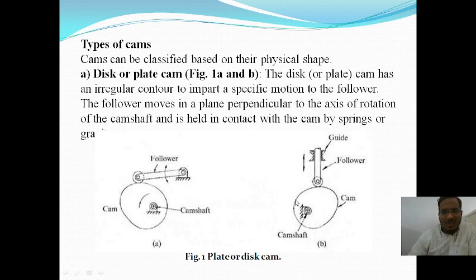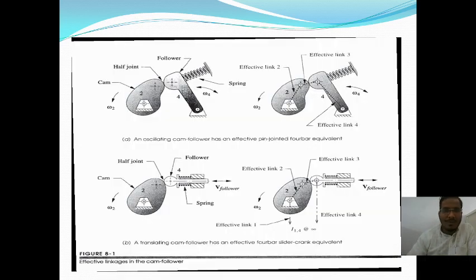There are other types as well. Every type of cam and disc or follower may generate different types of oscillation motion and transmit motion to the follower. So here you can see another type of cam mechanism for oscillating purposes.